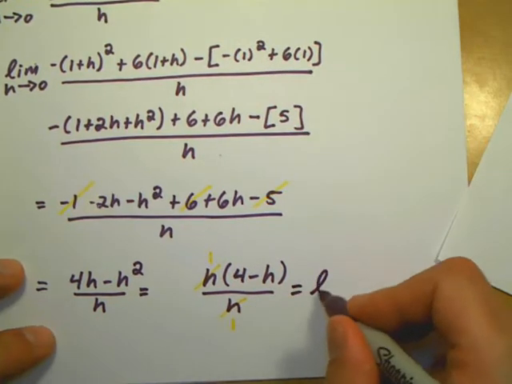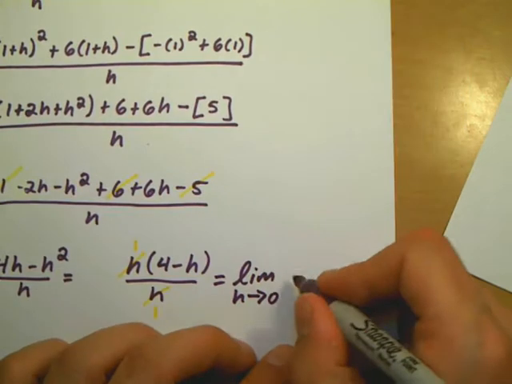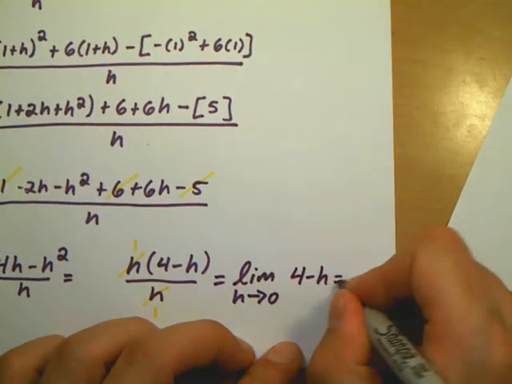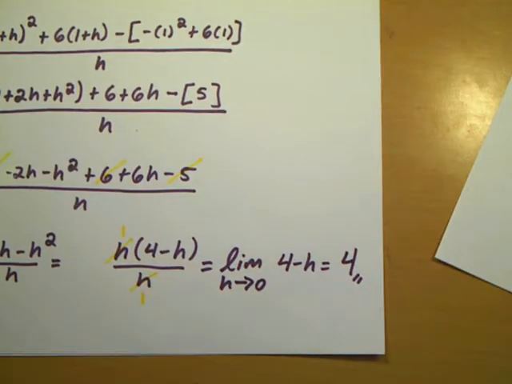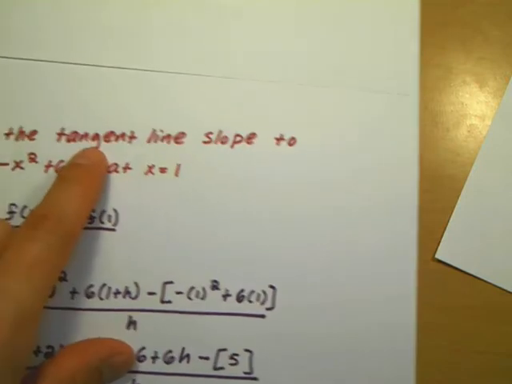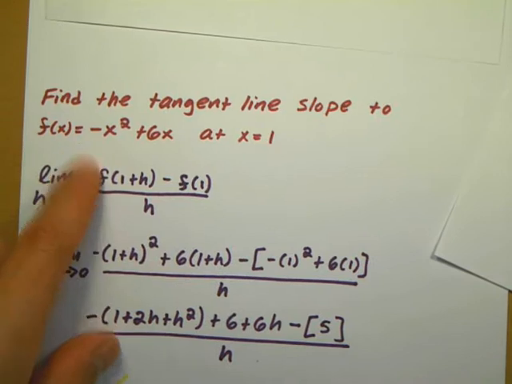So my limit as h approaches 0 of 4 minus h is equal to 4. So this whole limit process gave me the answer of 4. That means that the slope of the tangent line at 1 to this function is equal to 4.